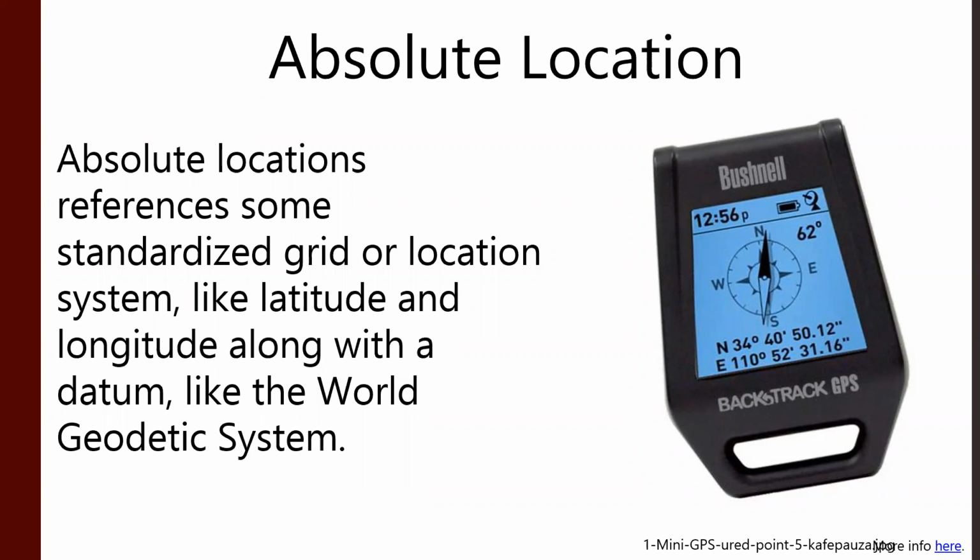We could measure in other units and connect it to datums that measure in feet or meters or have different reference points. All of these are ways we can function within absolute location. We have some kind of established place or established norm, and then we make our measurements or our coordinates from there.